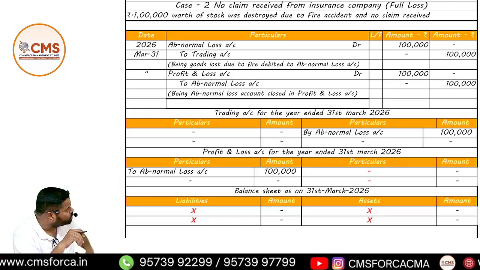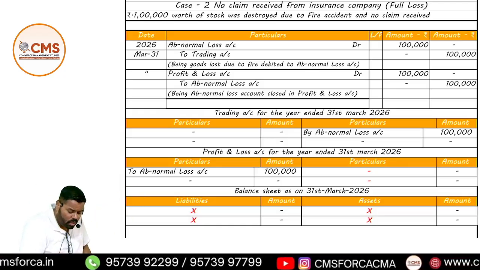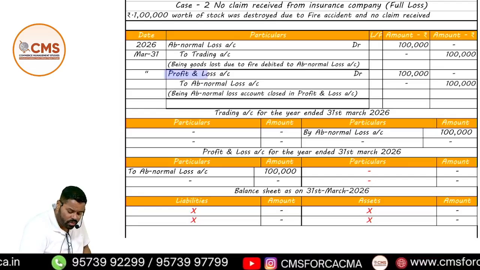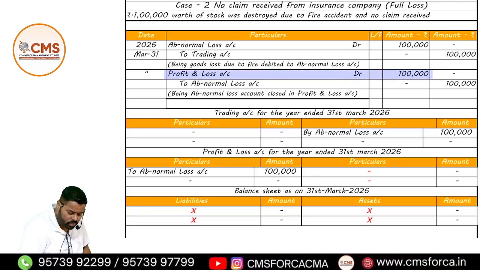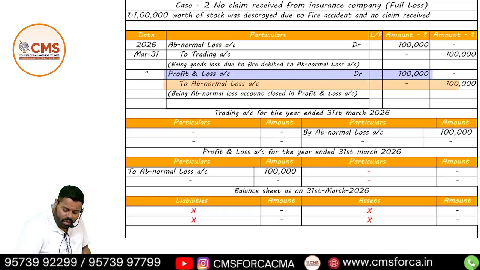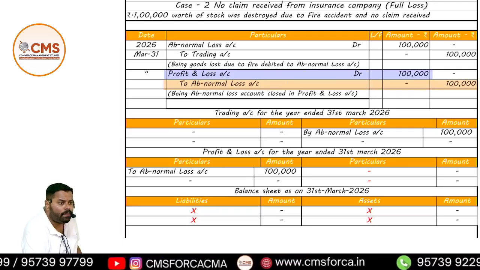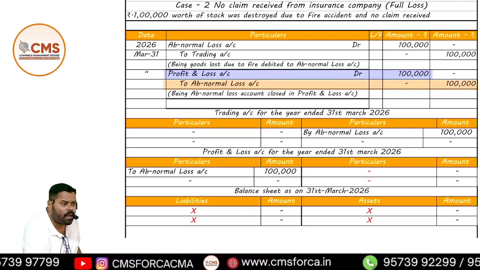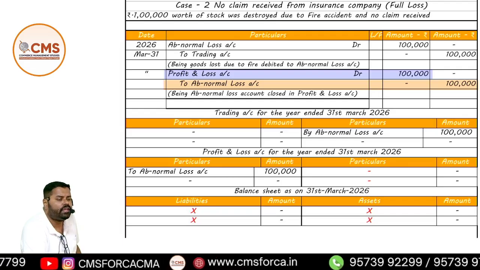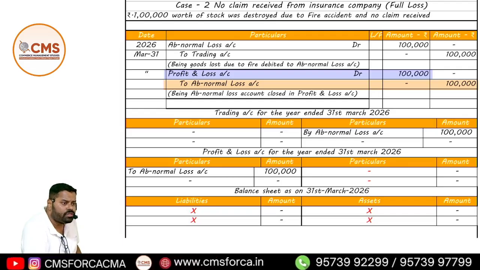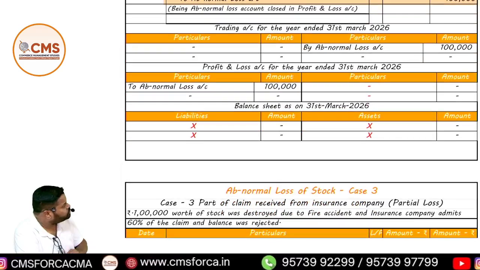After that, look at the next entry. Abnormal loss account is closed in an account called profit and loss account. Why? Did you receive any insurance claim from the insurance company? Not even a single rupee has come. So I will treat it as complete loss. And how to disclose it?